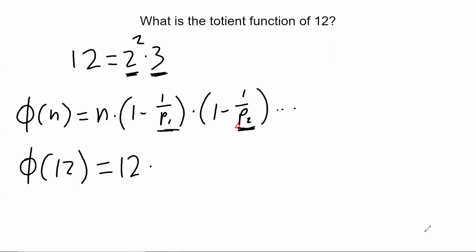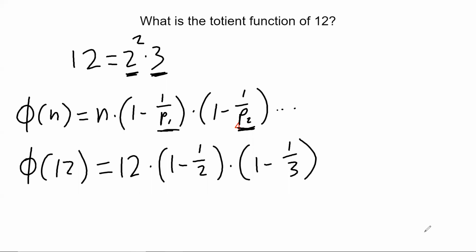So if you replace p1 with 2 and p2 with 3, you get 1 minus 1 over 2 times 1 minus 1 over 3. And when you simplify this, you get 12 times 1/2 times 2/3, which is equal to 4. So this is a quicker way of getting the answer to the same problem.